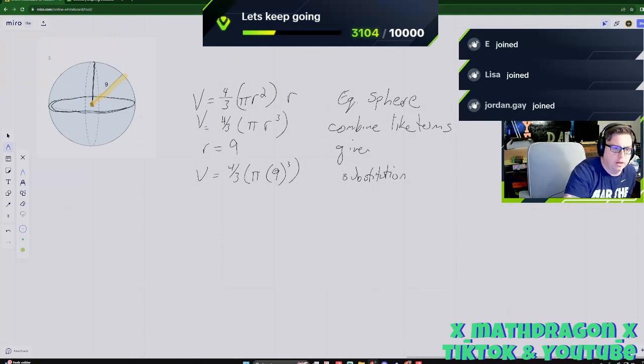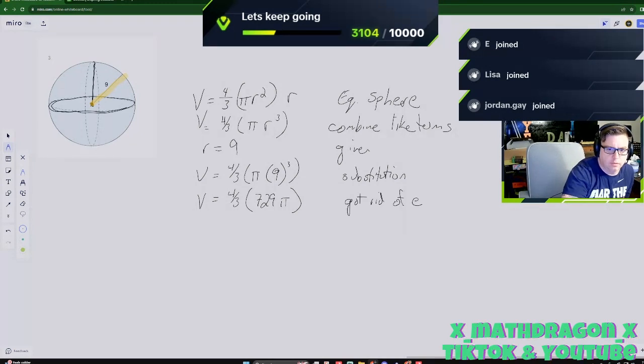So this becomes V equals 4/3, then 729 pi. Now, so we got rid of the exponent.